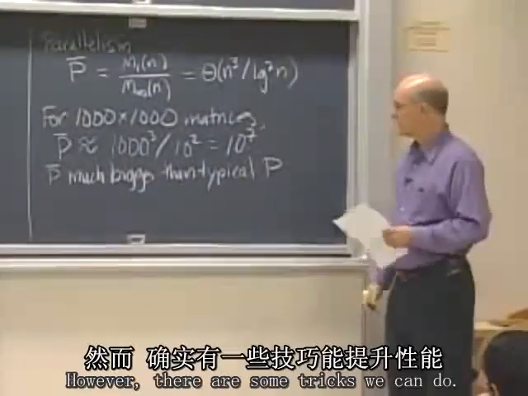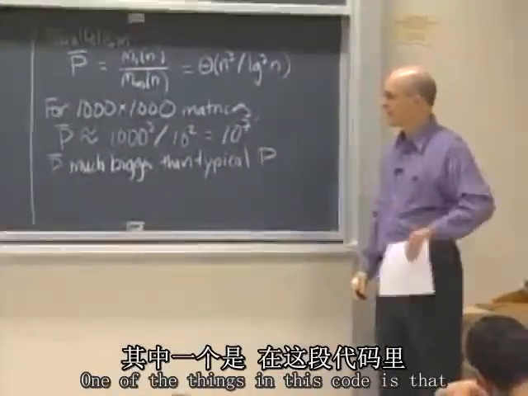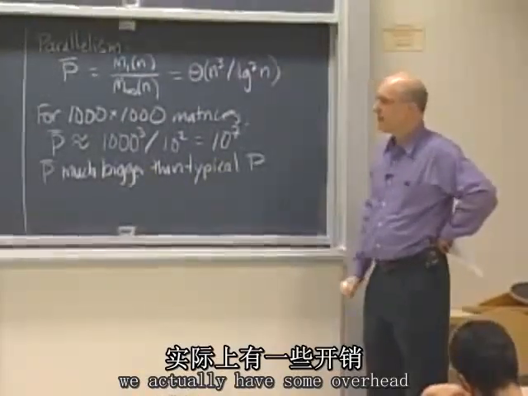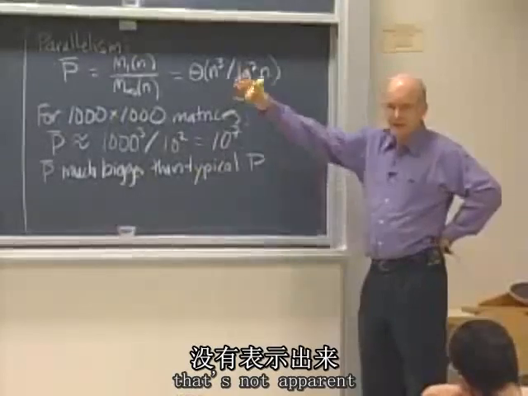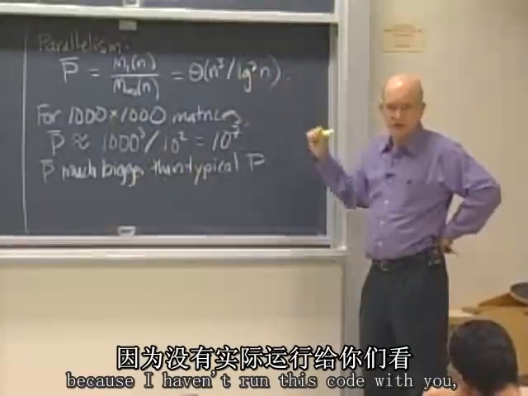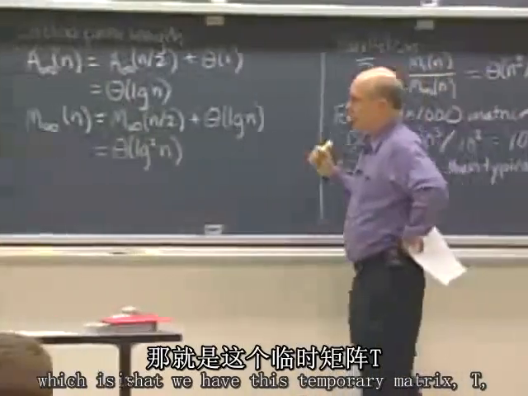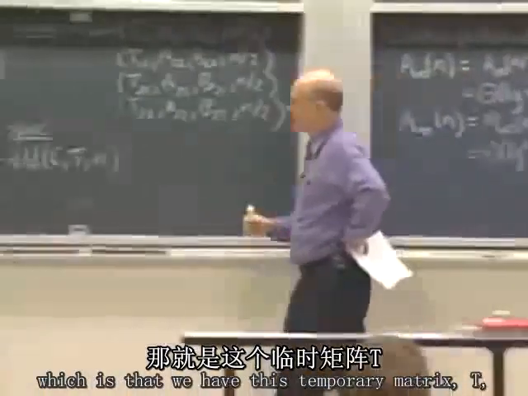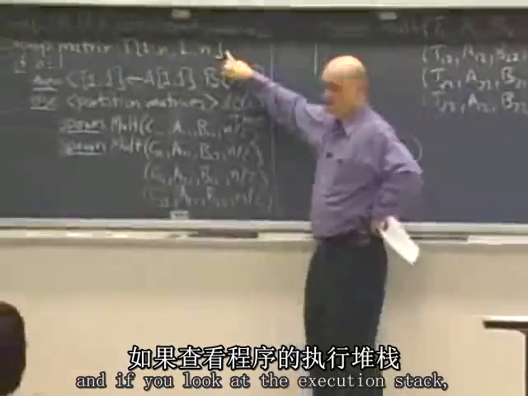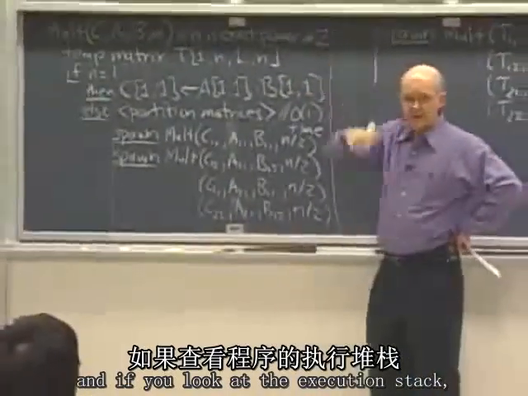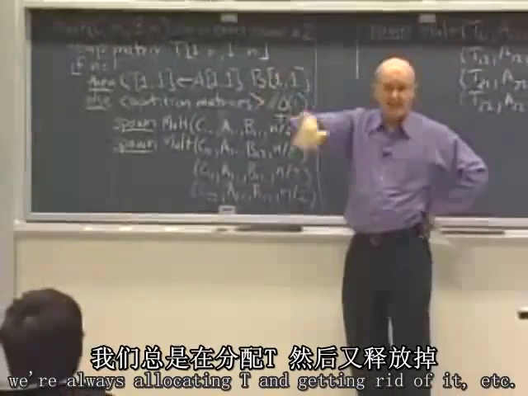However, there are some tricks we can do. One of the things in this code is that we actually have some overhead that's not apparent because I haven't run this code with you, although I could, which is that we have this temporary matrix T. If you look at the execution stack, we're always allocating T and getting rid of it.